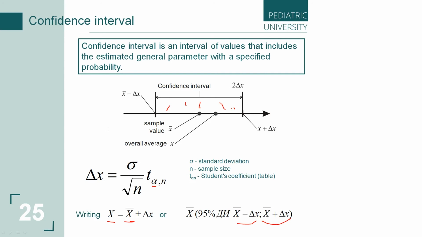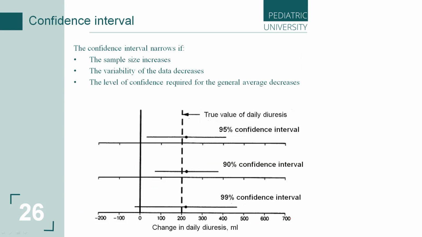So now the question is which to choose, 90%, 99% or 95%. On the one hand, we want to narrow the interval so that it's small. It seems to us that we have made the calculations more accurate if we take 99%, for example. The confidence interval will be narrower if we increase the sample size.